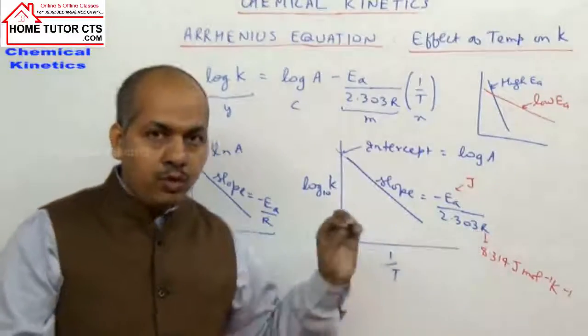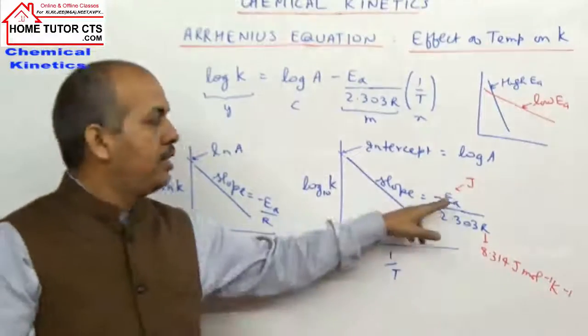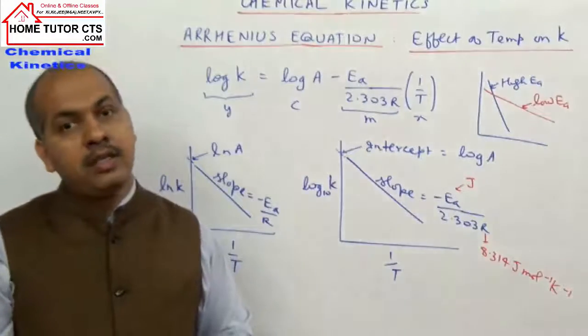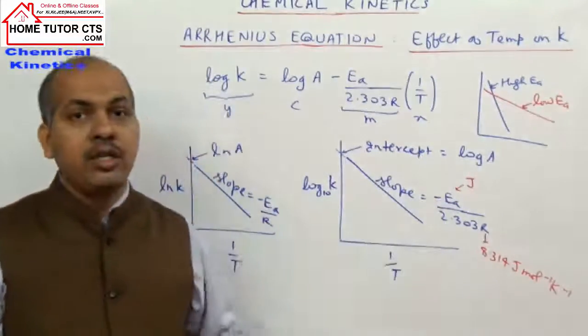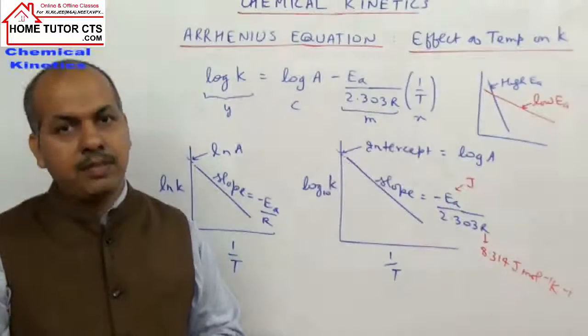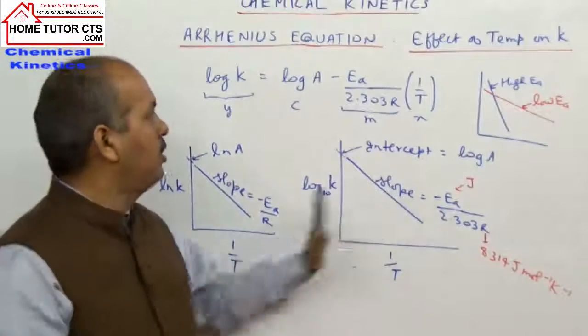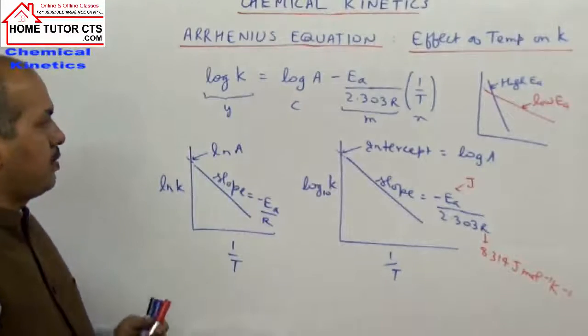We take the value of R as 2 calorie per degree per mole. If R is taken in calories, then we get the activation energy in calorie units. So R and activation energy must be taken in the same energy units. Are you clear? That's how we can proceed for this example of reaction.